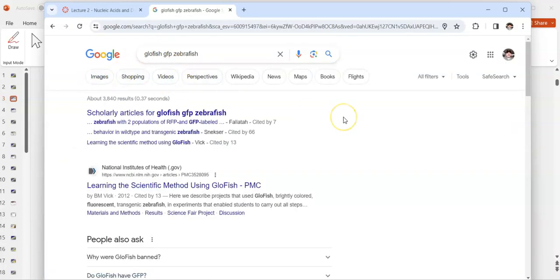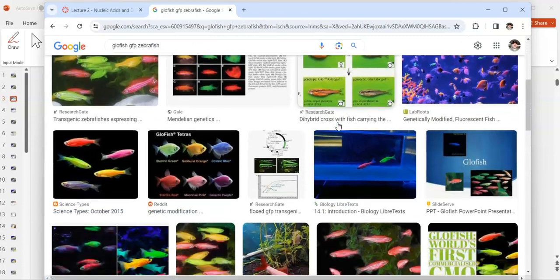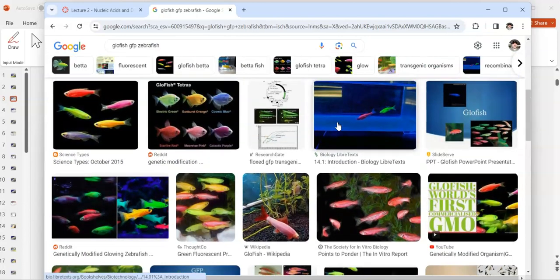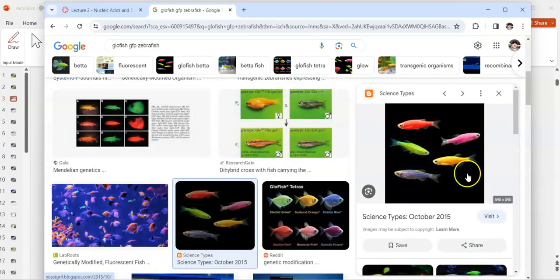And let's see if we get some images here. And so these are a lot of different fish, more than the green. But let's just look at these.